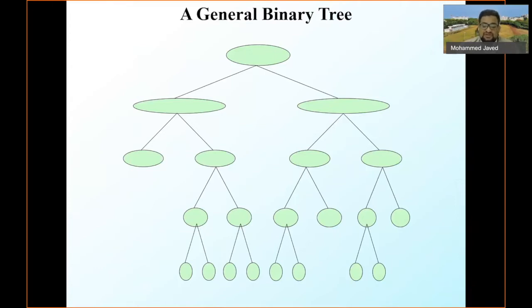A general tree is a data structure in which each node can have an infinite number of children, whereas a general binary tree is a data structure in which each node has at most 2 children, that is, left and right. So one is on the left, and another is on the right side.